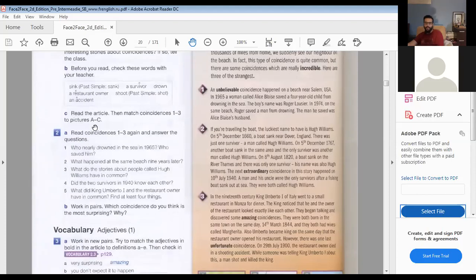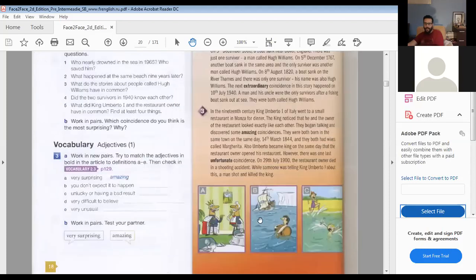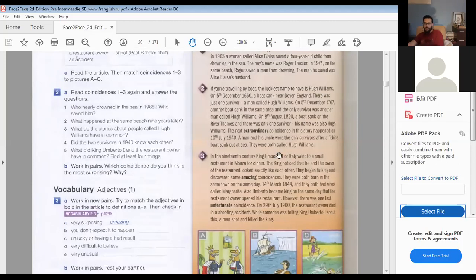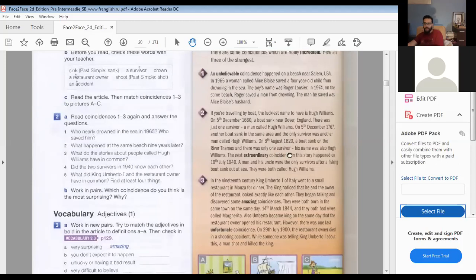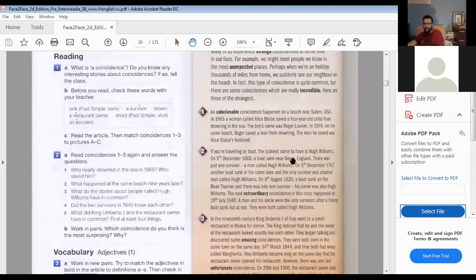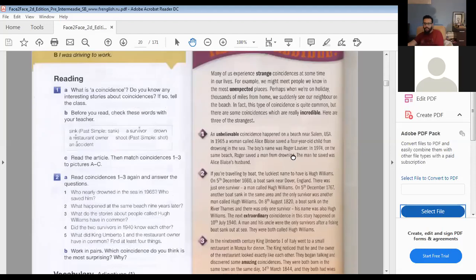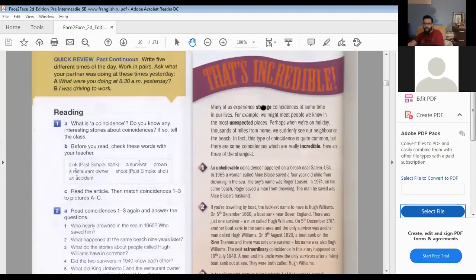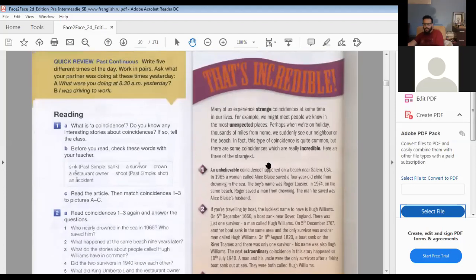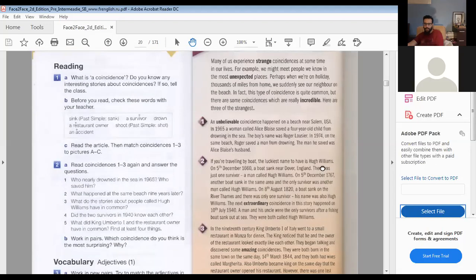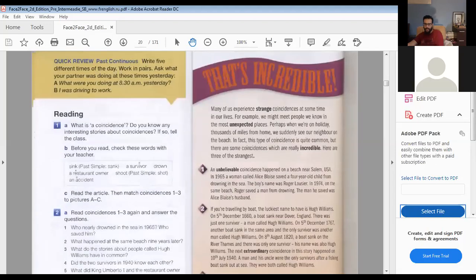The first job is to match 1, 2, 3 with pictures A, B, C. Let's start with the first part. When you finish, when you get here, just tell me so I can scroll down.